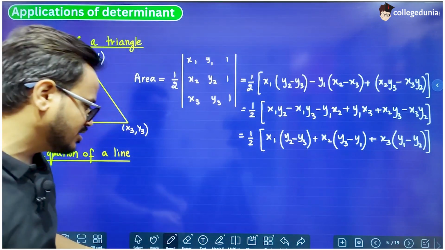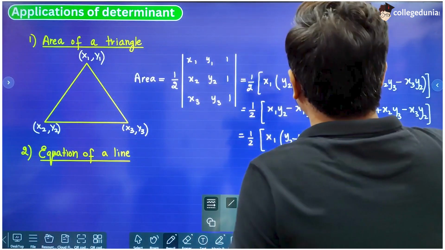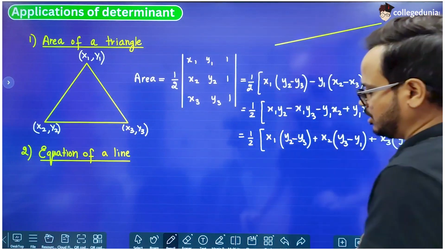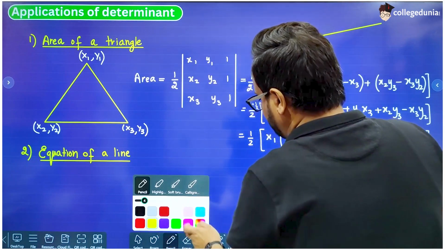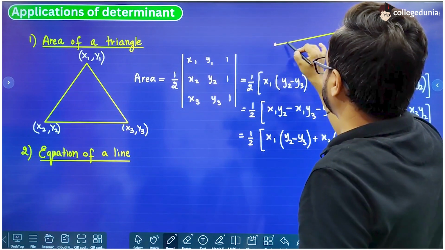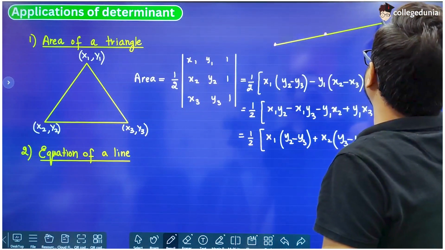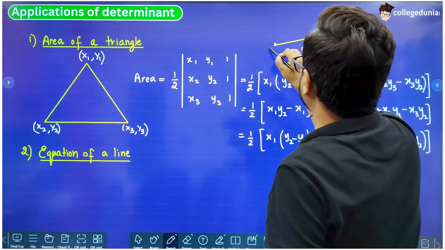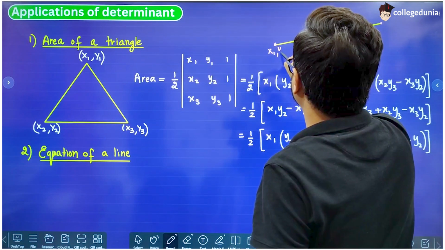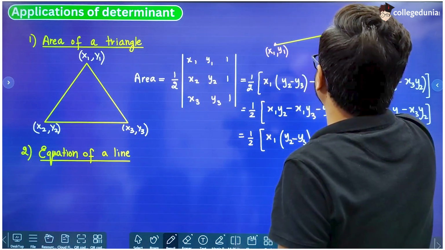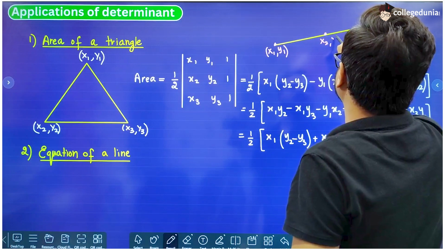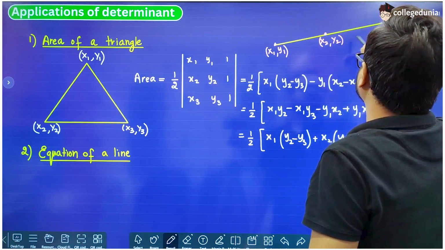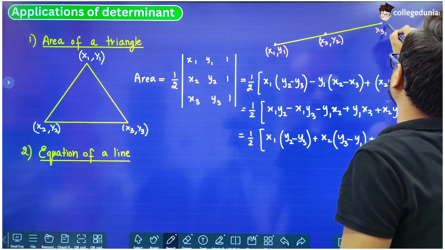What are collinear points? Collinear points are the points which lie on a straight line. Suppose we have a straight line and there are three points lying on it: 1, 2 and 3. This point is x1, y1. This is x2, y2. This is x3, y3.